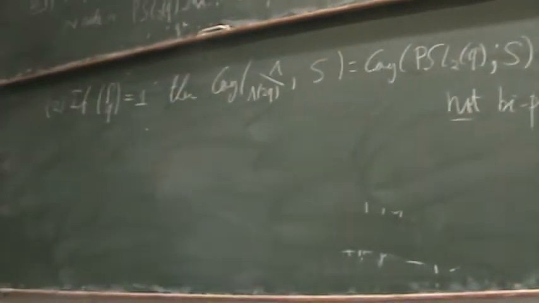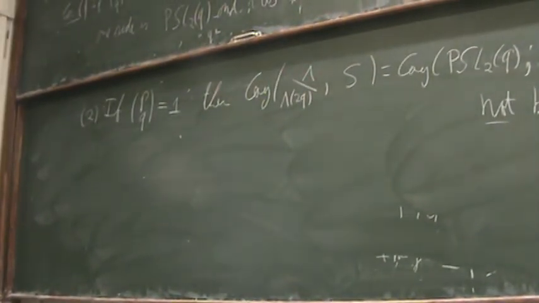Okay. So what's the nice thing about all this? You start to see that all these little arithmetic facts, whether you are a quadratic residue or not a quadratic residue, play a role here. Sometimes you are a bipartite graph, sometimes you are not.